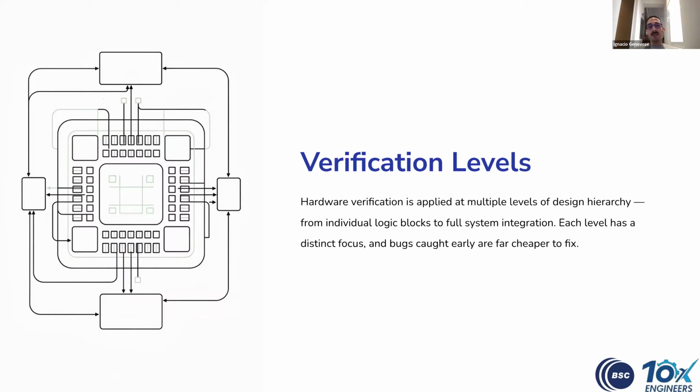So the rule here is to catch bugs at the lowest level possible. A bug found at unit level might cost just hours to fix, and the same bug found at system level could cost hours, days, or weeks to fix.